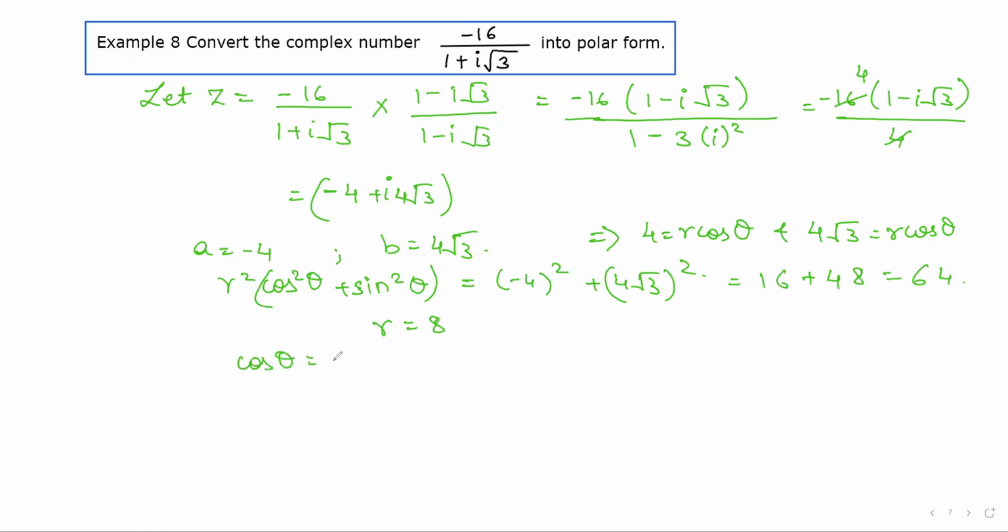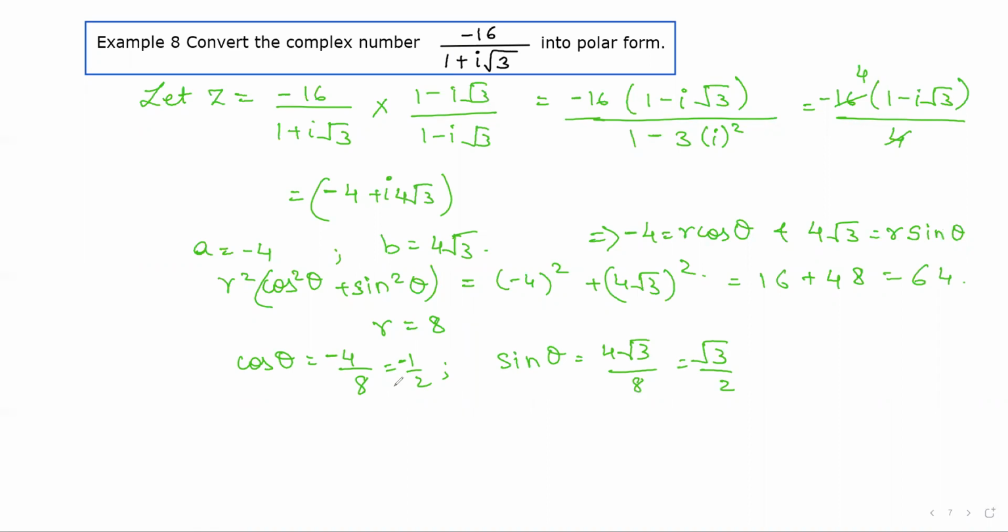Cos theta is equal to minus 4 upon 8, which is equal to minus 1 by 2, and sin theta is equal to 4 root 3 upon 8, which is equal to root 3 by 2.